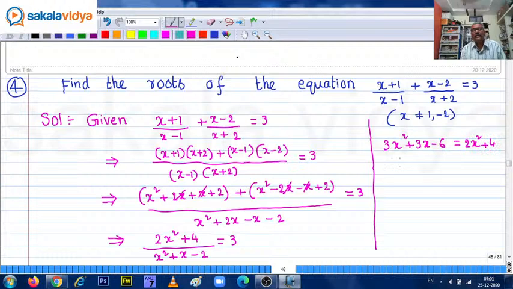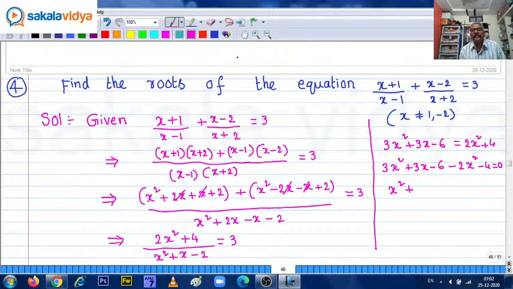Bring this 2x square plus 4 to this side. Fine, Abbas Ali. So now 3x square plus 3x minus 6 minus 2x square and minus 4 equals 0. 3x square minus 2x square is x square.